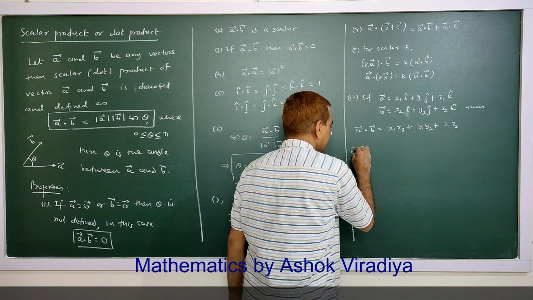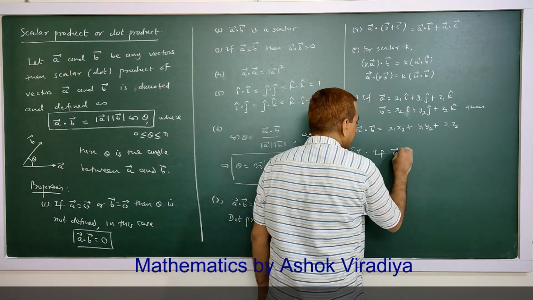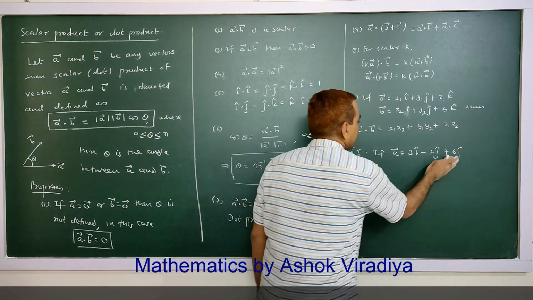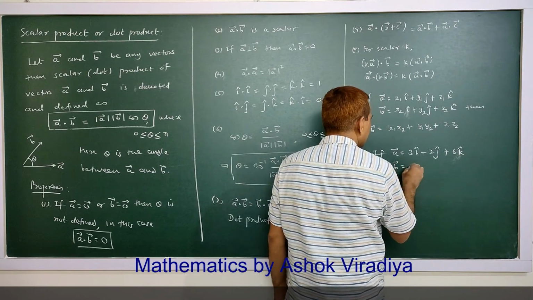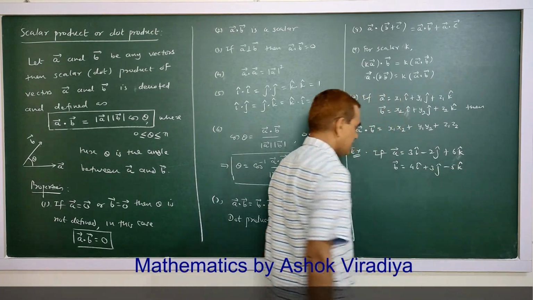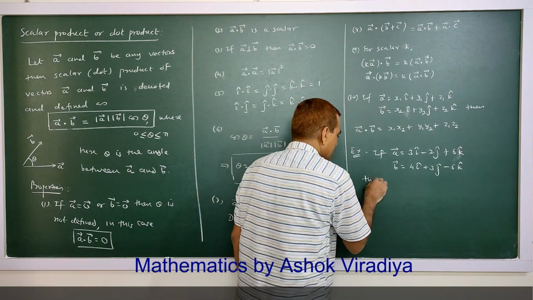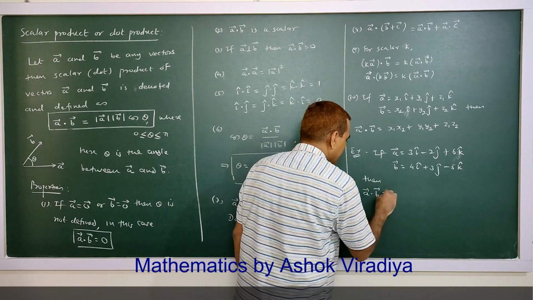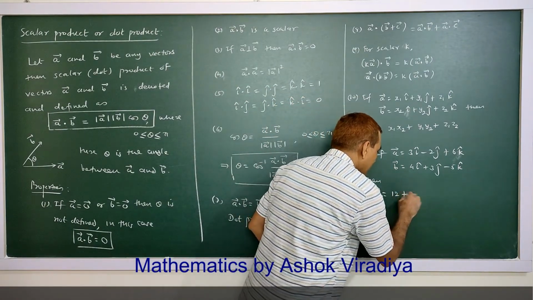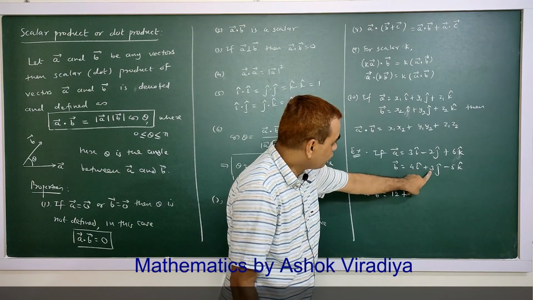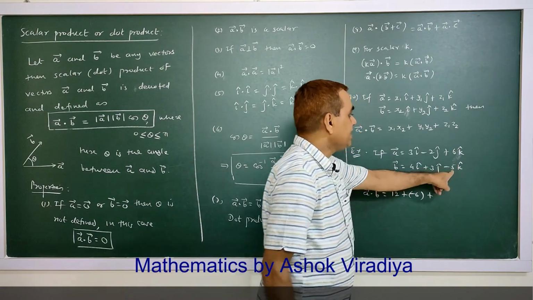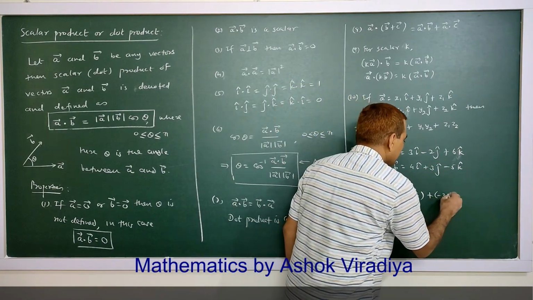As for example, if vector A is 3i minus 2j plus 6k and vector B is 4i plus 3j minus 5k, then vector A dot vector B is 3 into 4, 12, plus minus 2 into 3, minus 6, plus 6 into minus 5, minus 30.